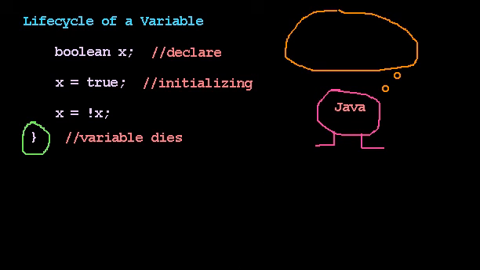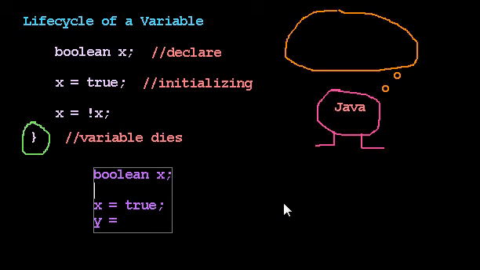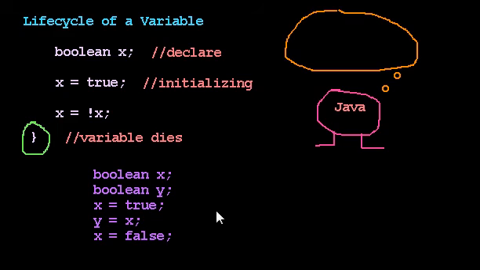Let's say x gets the value true, y gets the value of x, x changes to false. What's the value of y at the end of this code? Is y true or false?